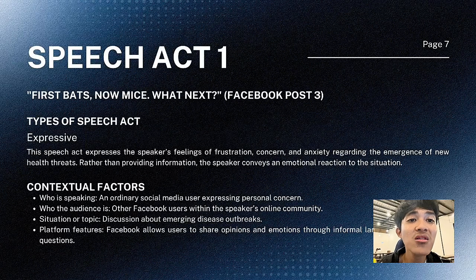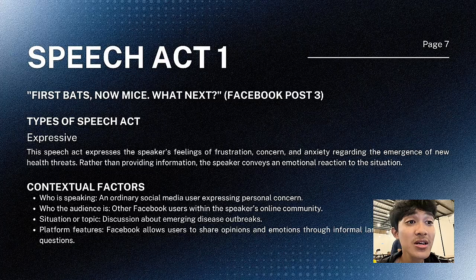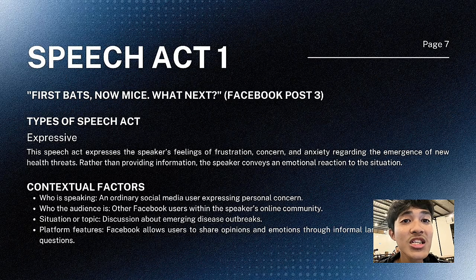The first example is the Facebook post, "First pet, now mice, what's next?" This is classified as an expressive speech act because it expresses the speaker's feelings of frustration, concern, and anxiety about emerging health threats. Looking at the context, the speaker is an ordinary social media user sharing a personal reaction.